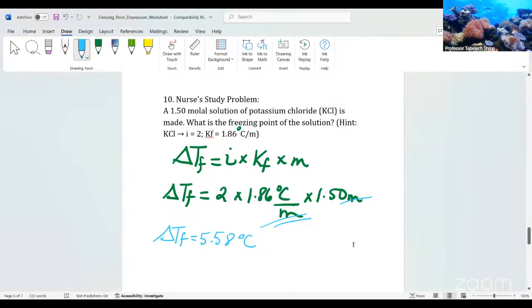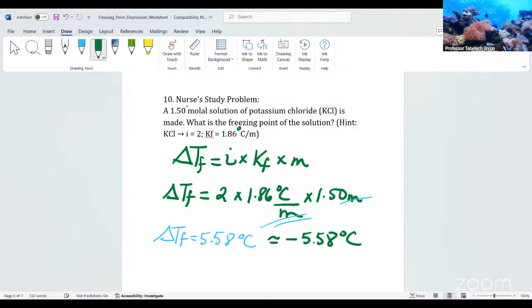You would have to know that you would place a negative sign there, okay, because it dropped. And so in this case right here, we're going to put negative 5.58 degrees Celsius. Okay, that is our freezing point of the solution.